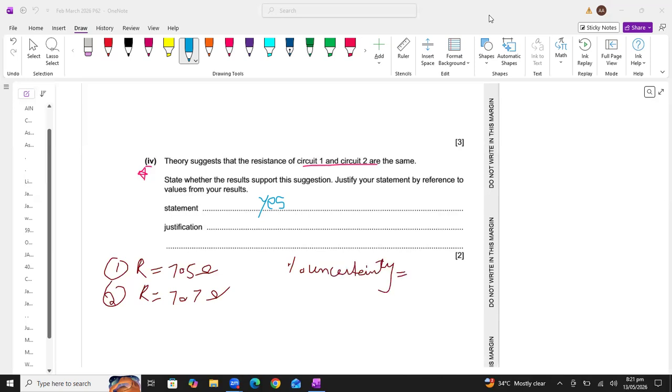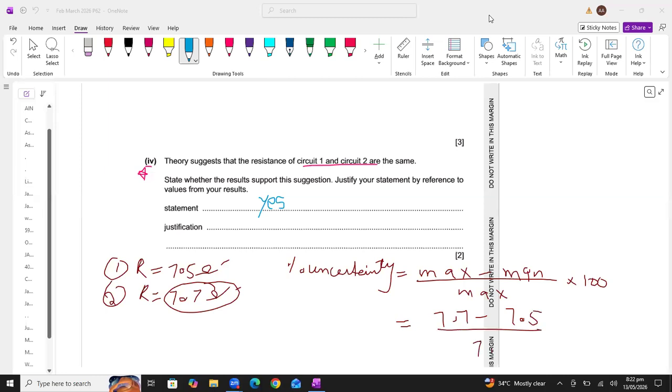It's very, very important. We find percentage uncertainty using the formula: maximum value minus minimum value, divided by maximum value, multiplied by 100. The maximum value in these two readings is 7.7. The minimum value is 7.5.